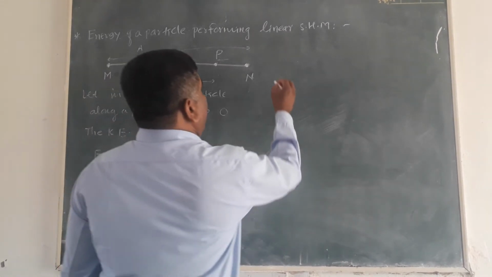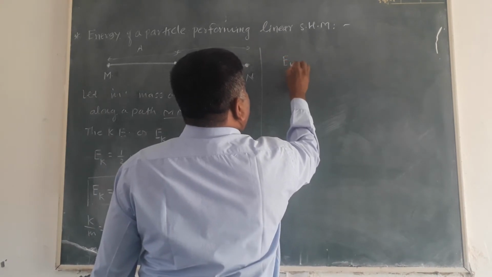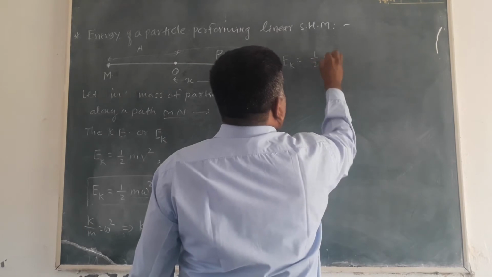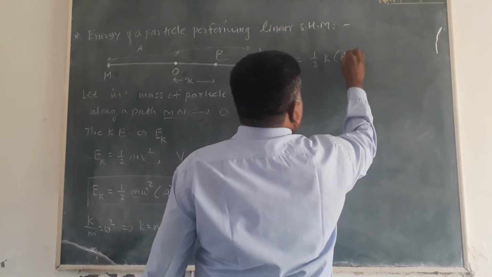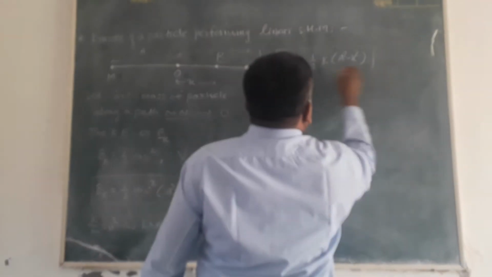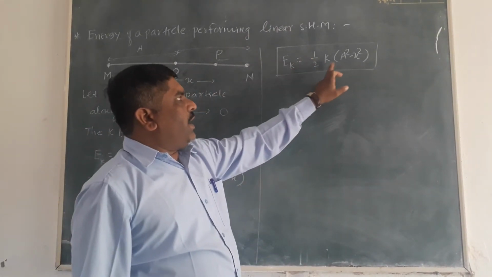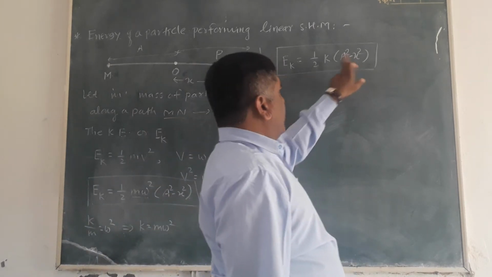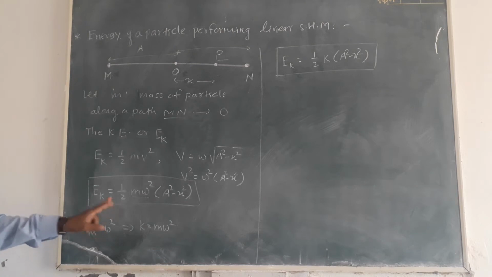Therefore, kinetic energy EK is equal to half k into bracket a square minus x square. This is another formula of kinetic energy, where k is the force constant.